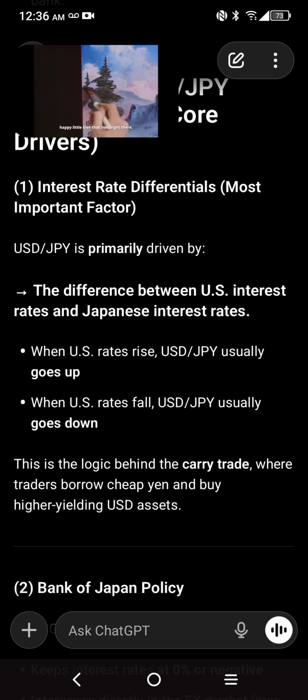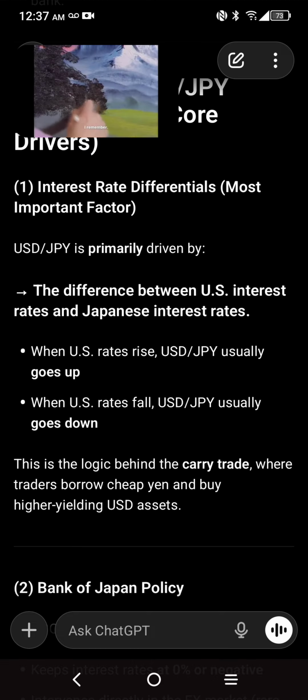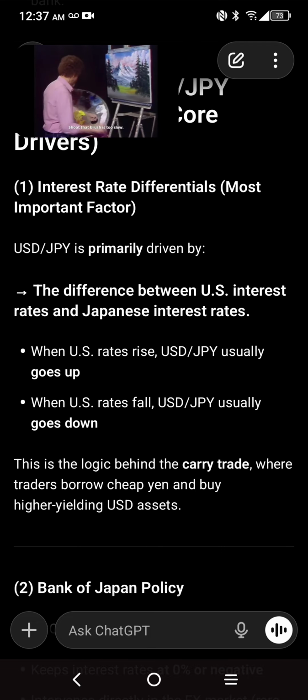We're in the season of rate cuts right now, going into December 2025. And it clearly states that when US rates fall, UJ usually goes down, which means the value of the yen is rising versus the dollar.